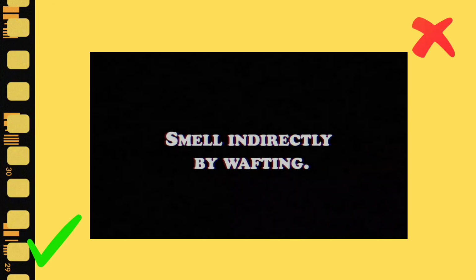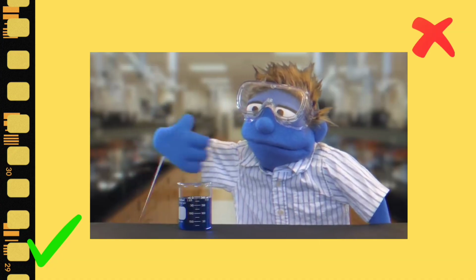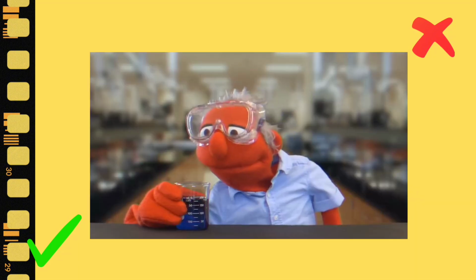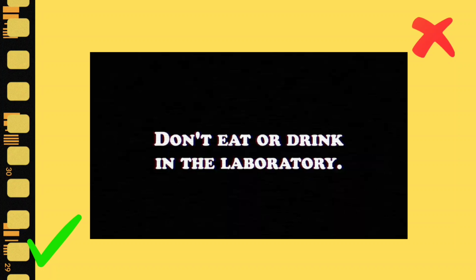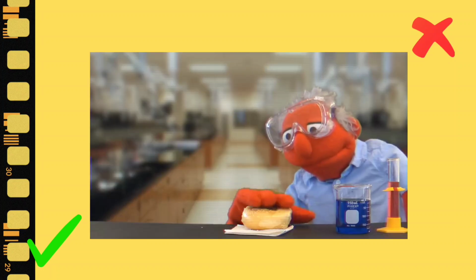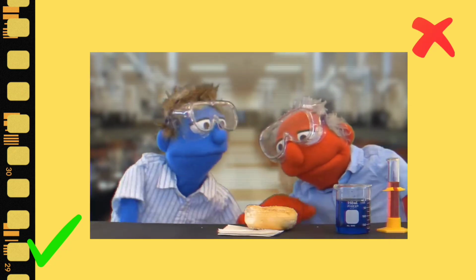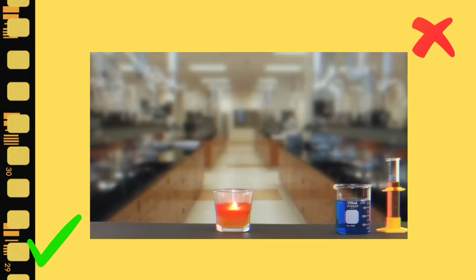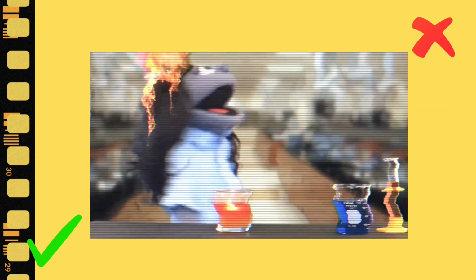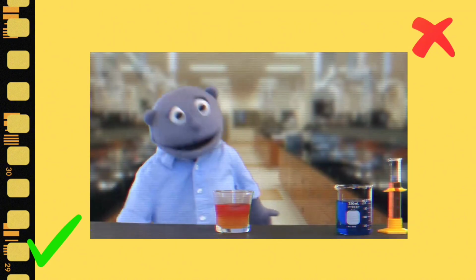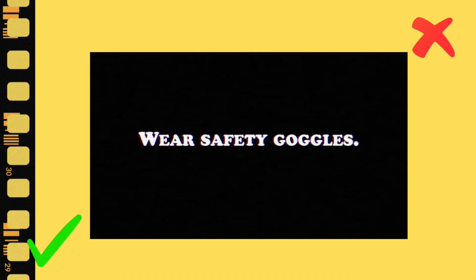Smell indirectly by wafting. Don't smell chemicals directly. Don't eat or drink in the laboratory. Don't wear loose items, including hair and clothes. Wear safety goggles.